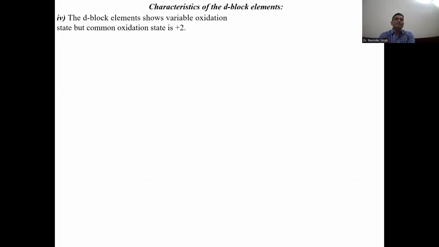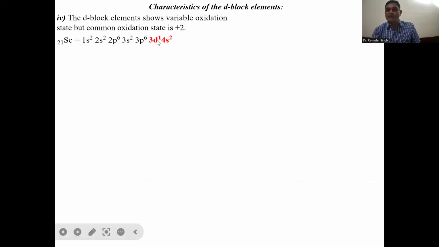Now the next characteristic is that the d block elements can show variable oxidation states, because in the d subshell the electrons are not present in the same number. In the case of scandium, you have already seen the number of electrons in the d subshell is 1 and the valence s is 2. So the common oxidation state is +2 because they can easily lose these valence s electrons.